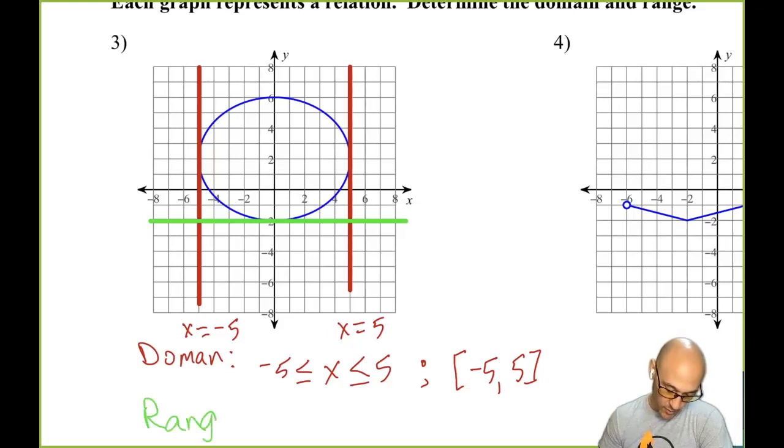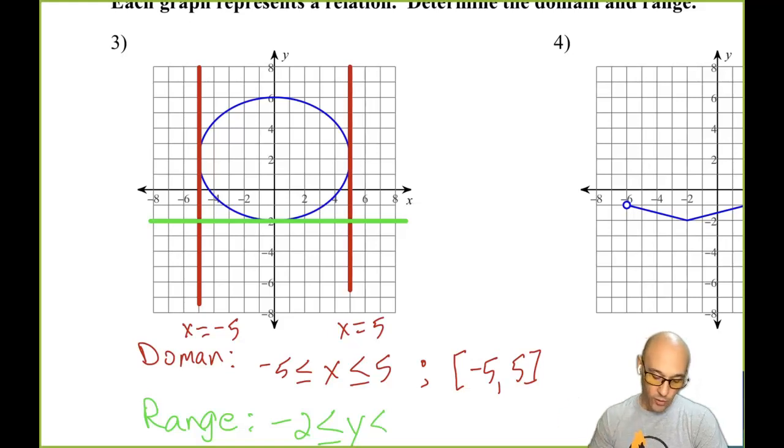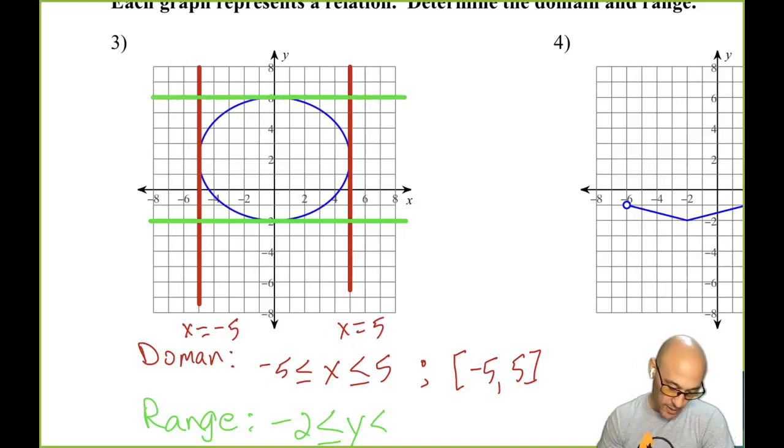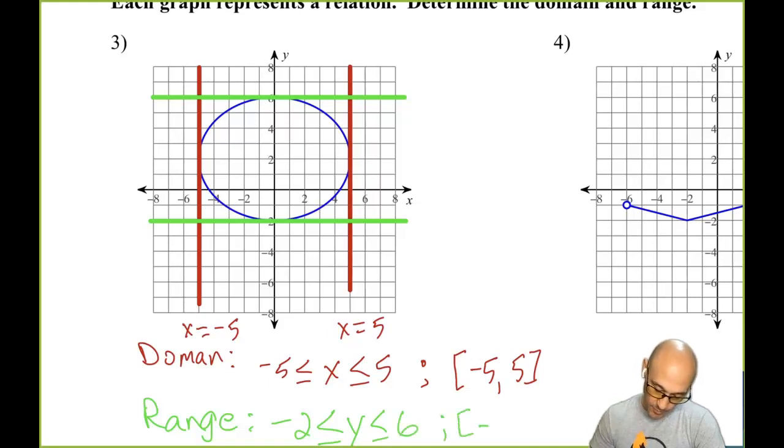We're talking about the y values. So the minimum value is -2, and it can equal it, because the range is y values. And then the largest y value is up here at y is +6. So it's also equal to +6. So that one would look like this, from -2 to +6.